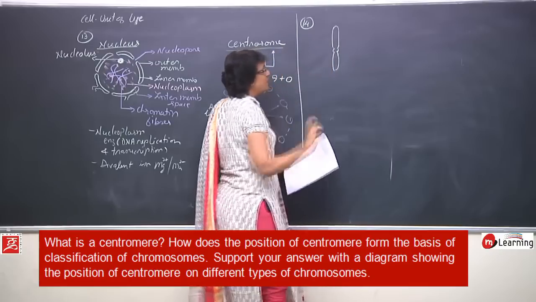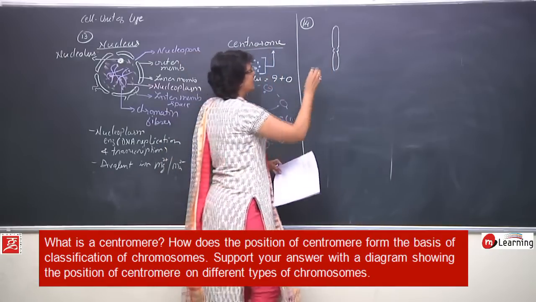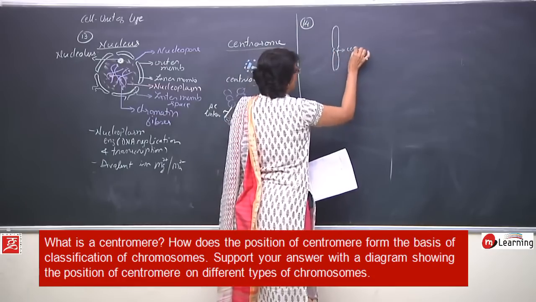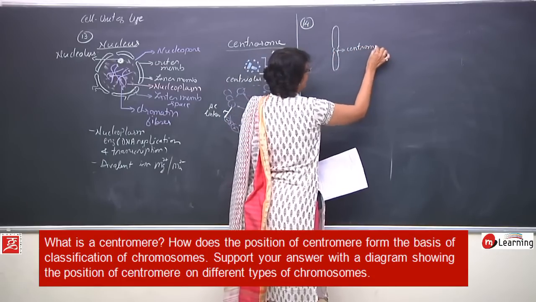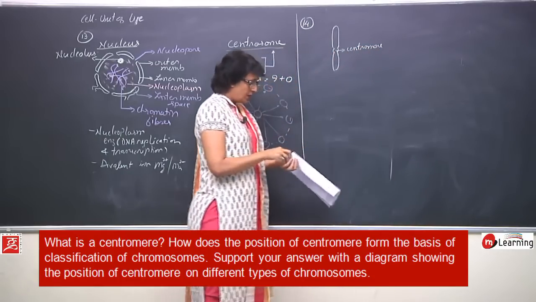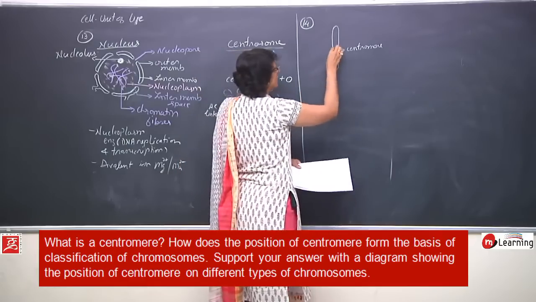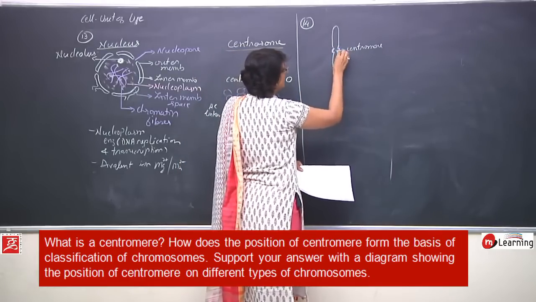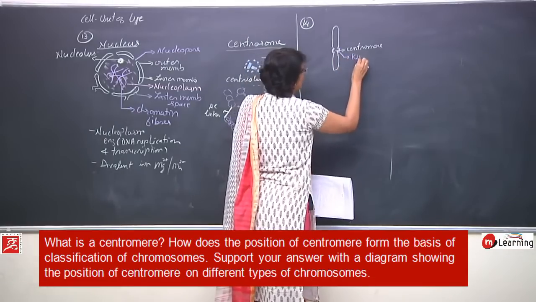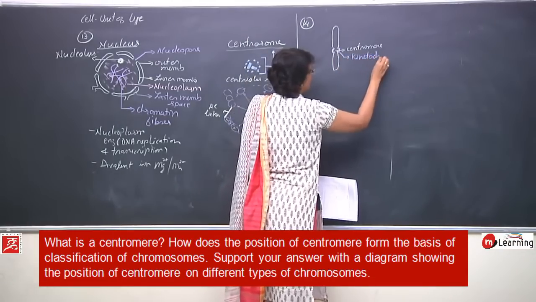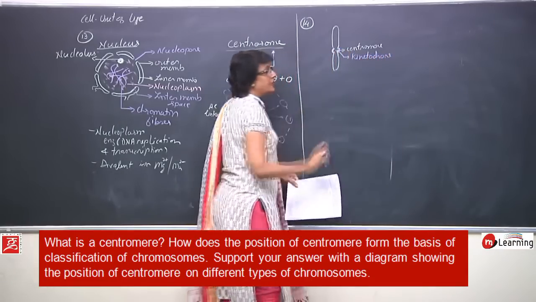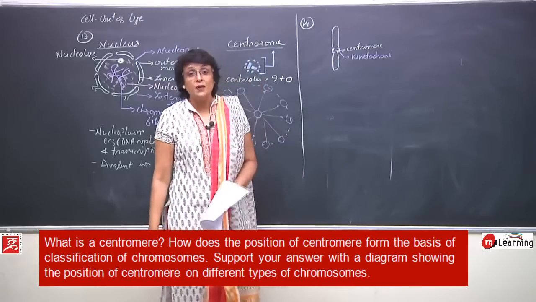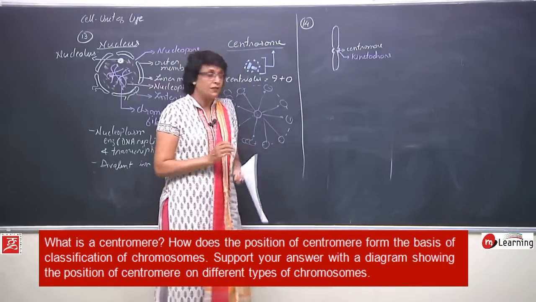This is known as the primary constriction or centromere. On the outer side of the centromere there is a protein sheath known as kinetochore, and to this kinetochore the spindle fibers are attached during cell division.